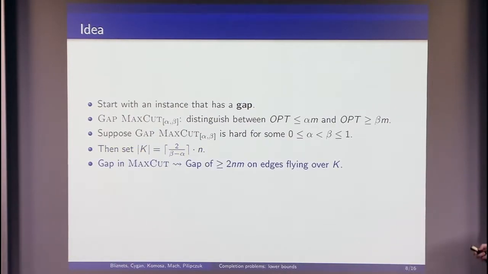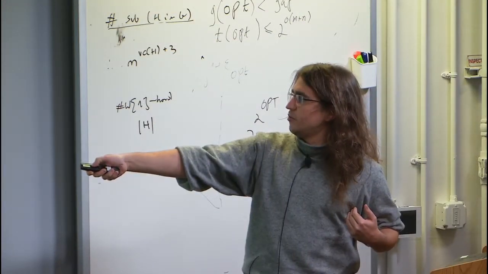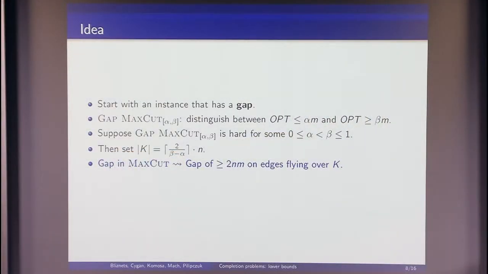So now, if I have this gap between the opts here in MAXCUT, how does it translate to a gap after introducing this? If I have (beta minus alpha) m edges in the gap, and I multiply this by the size of the click, then this will translate to a gap of the cost of twice n times m for the edges flying over the click.